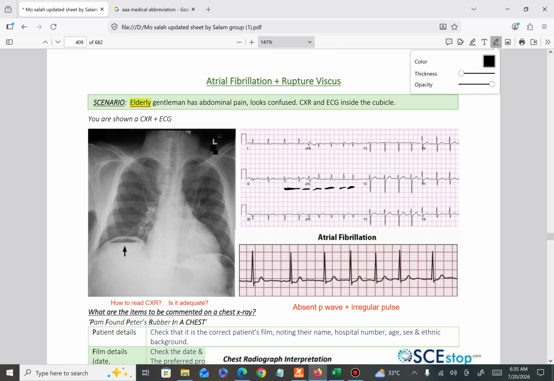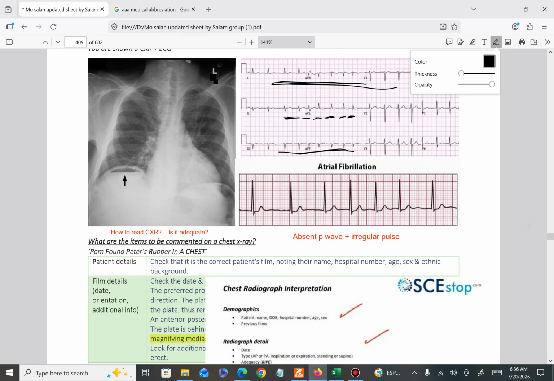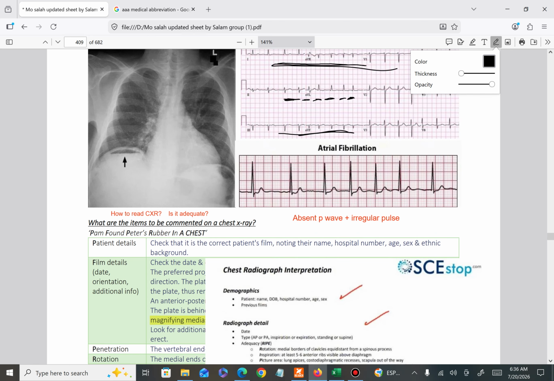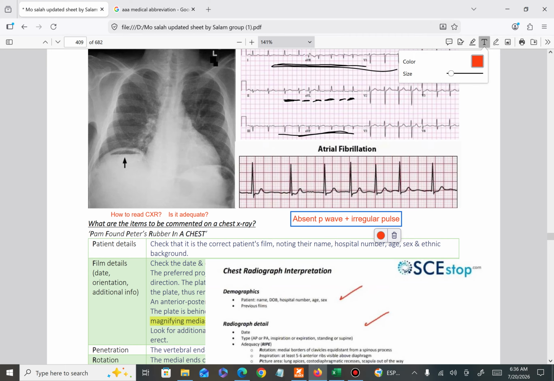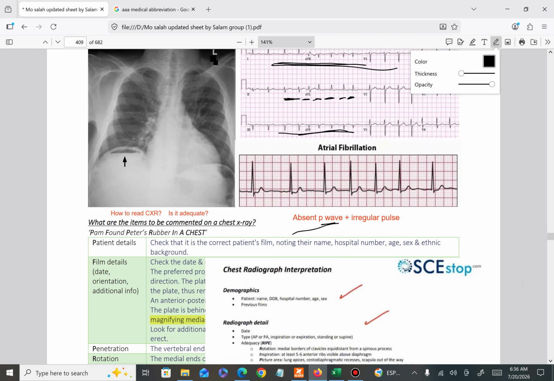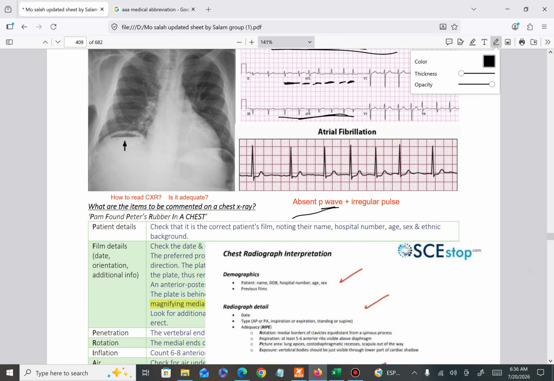In sinus rhythm, there is a P wave followed by the QRS complex and then the T wave. In this ECG there are no P waves, and the rhythm is irregular. So the absent P waves and irregular pulse show that this ECG shows atrial fibrillation.